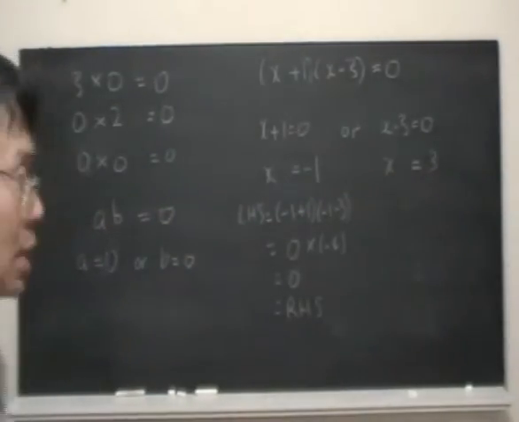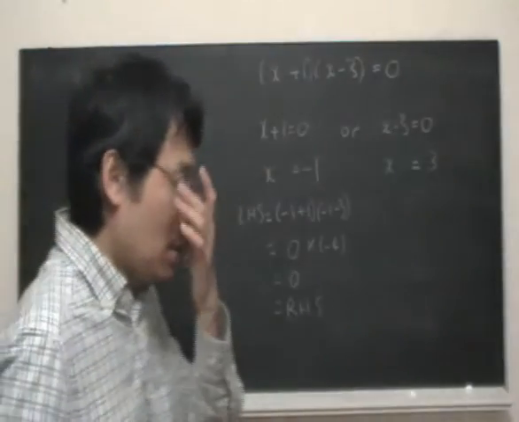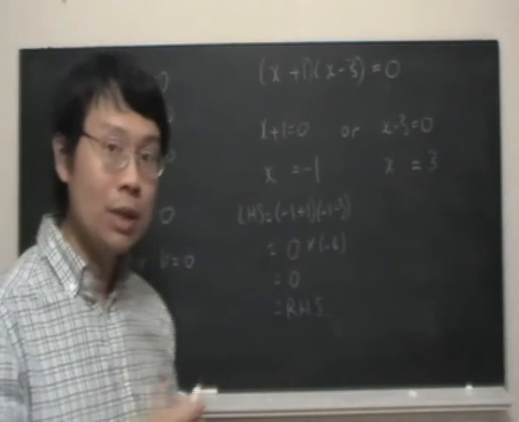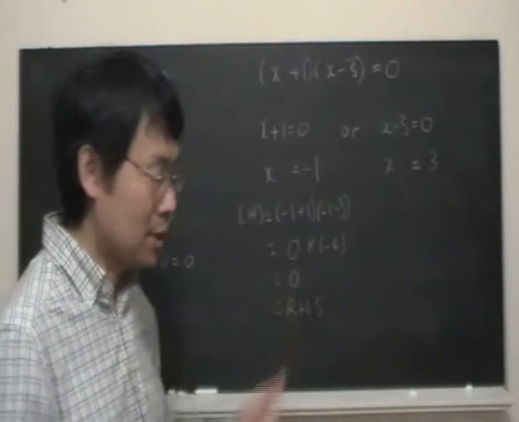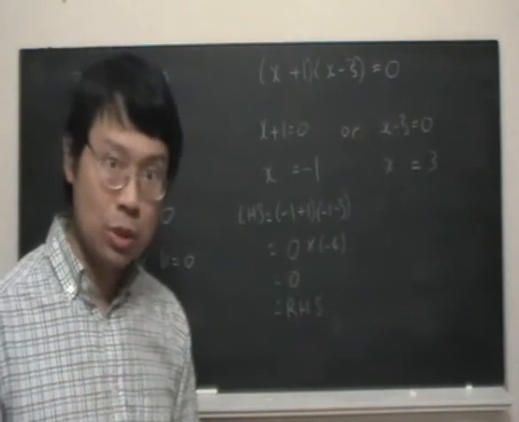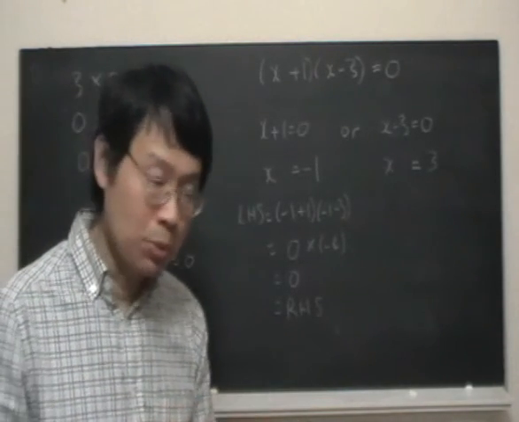Now let's just be a little bit careful about this. We are saying that the answer for x can be minus 1, or it can be 3. We are saying that there are two possible answers.